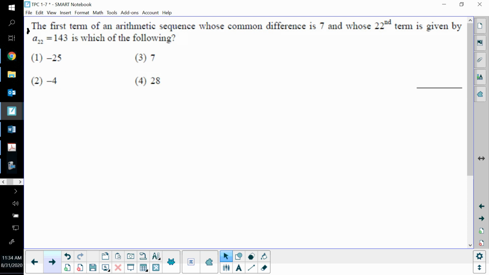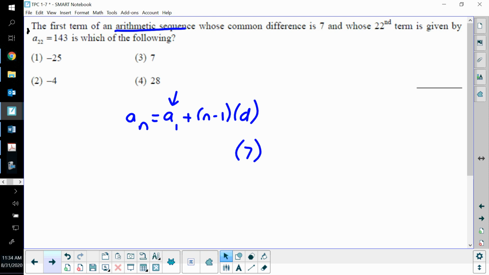Moving down to the bottom of page 35, they tell us arithmetic sequence, so we know we should be using our arithmetic sequence formula right off of our reference sheet. And we want to find the first term, meaning we should know everything else. The common difference is 7, they tell us that.